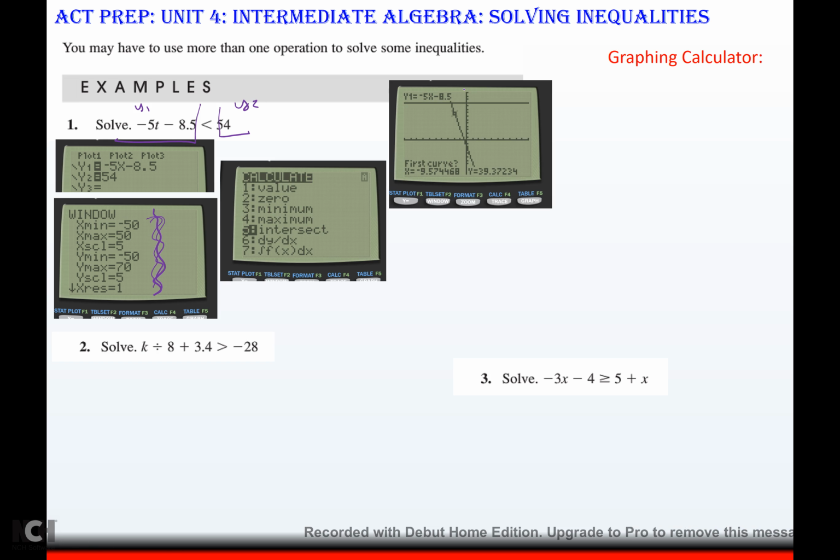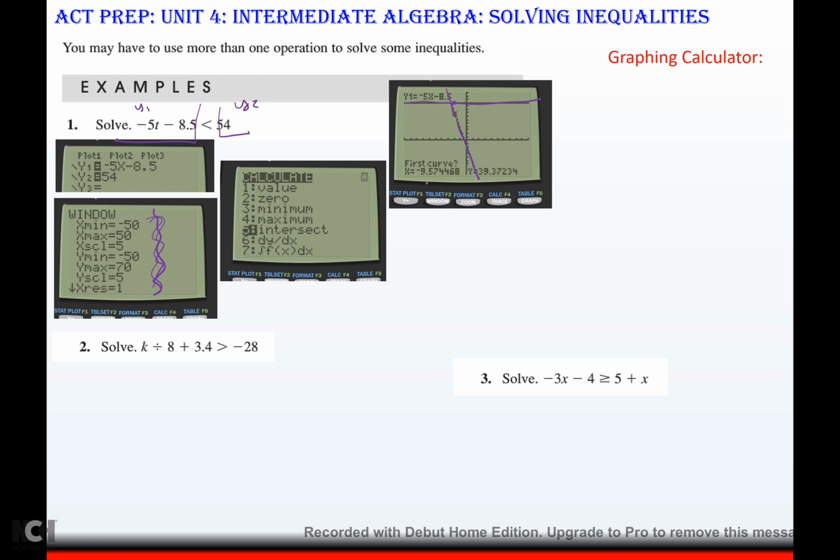There's the negative 5t minus 8.5. There's the 54 line. Where they intersect is going to be the starting point of your answer. What did we get? We got negative 12.5.